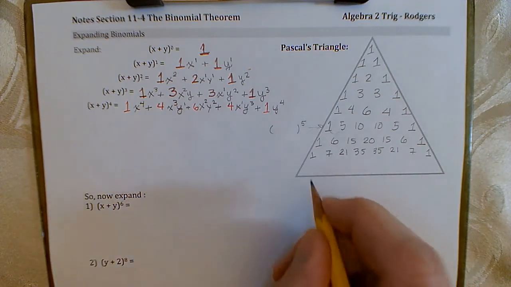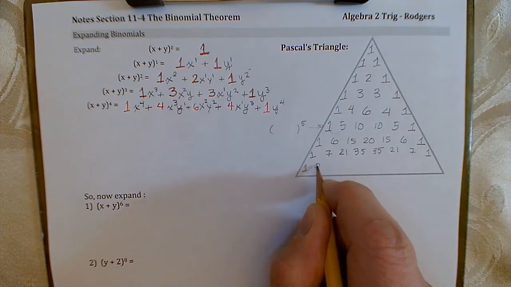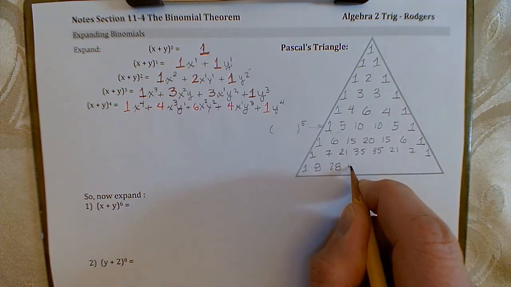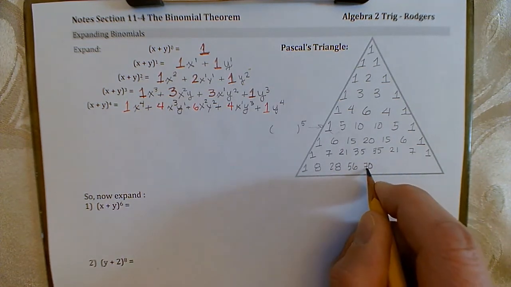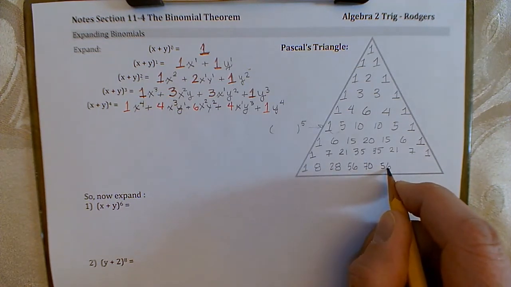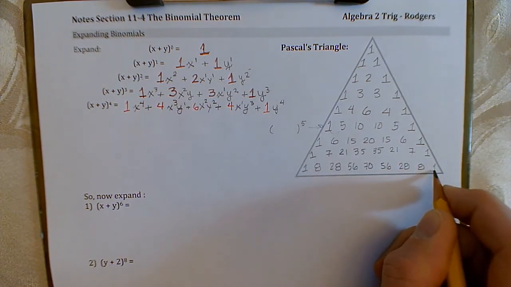So let's do that. That's going to be 1, 8, 28, 56. Again, I have to be careful of my spacing so I don't make the numbers too big so they don't fit. 70, and of course now we start back over again. It's symmetrical, so 56, 28, 8, and 1.